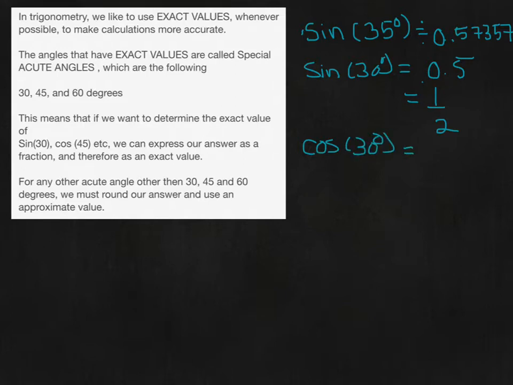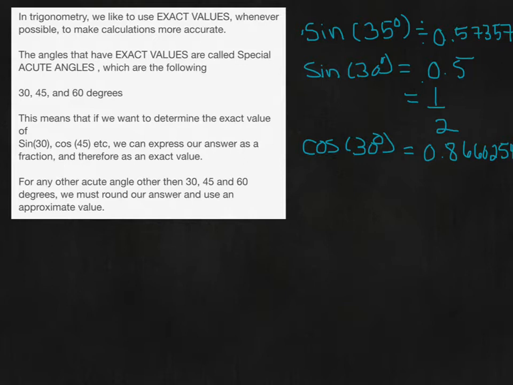Well, cos 30, we get, again, a very long number, 0.8660254, and that continues on. Now, if it was possible to express cos 30 degrees as a fraction, why wouldn't we do that so that we could get more of an accurate measure? And that's what this lesson's all about.